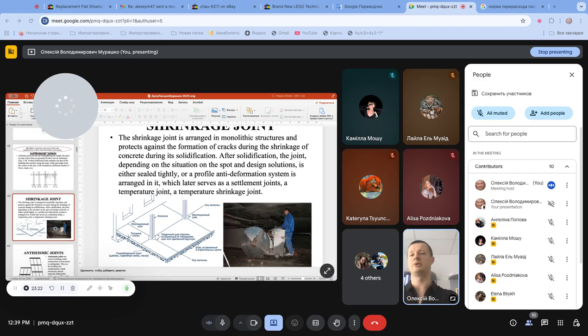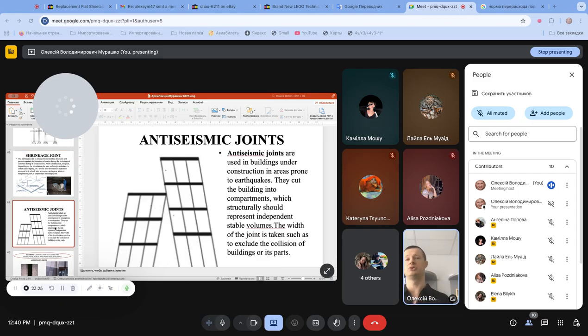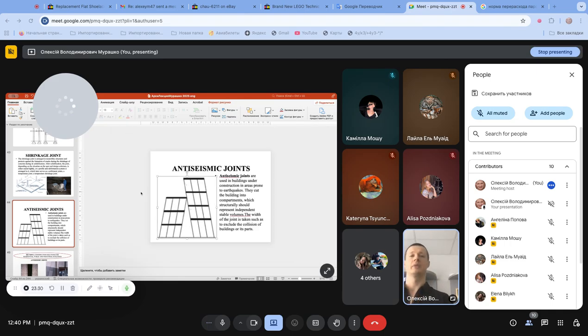So we have considered already three types of joints, and the final one is the anti-seismic joint, the joint which you have to make in seismic regions. When designing buildings with big length, you have to split the parts of the building with a joint, and also when the building has a non-even number of floors, and thermal joints for the temperature deformation of the building.